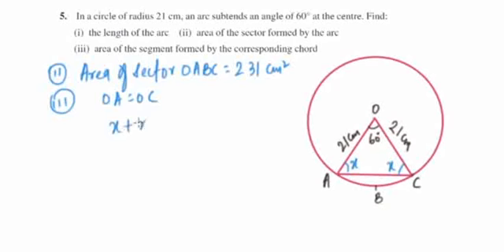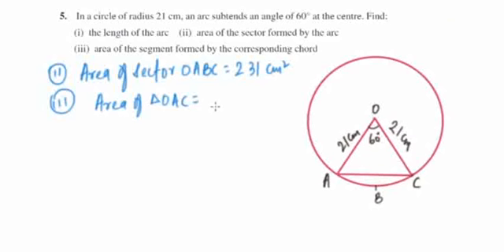So x plus x plus 60 equals 180 degrees, the sum of all the interior angles of a triangle. From here we'll get the value of 2x, that is 120 degrees, and from here we'll get the value of x, that is 60 degrees. So we have got angle A as 60, angle C as 60 and angle O as 60. Which means all the angles are 60, which means this is an equilateral triangle.